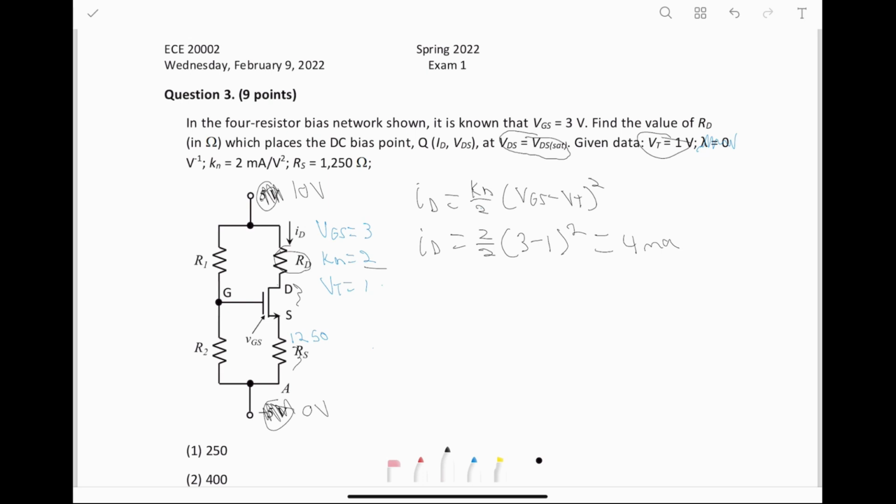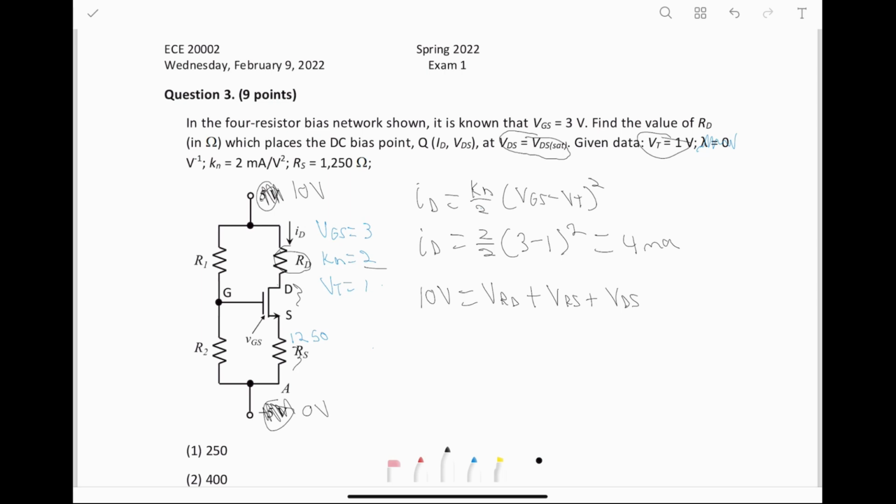And then, so we know that all of these voltage drops are going to have to sum to 10. So VRD plus VRS plus VDS, that's going to be equal to 10, as I wrote right there.